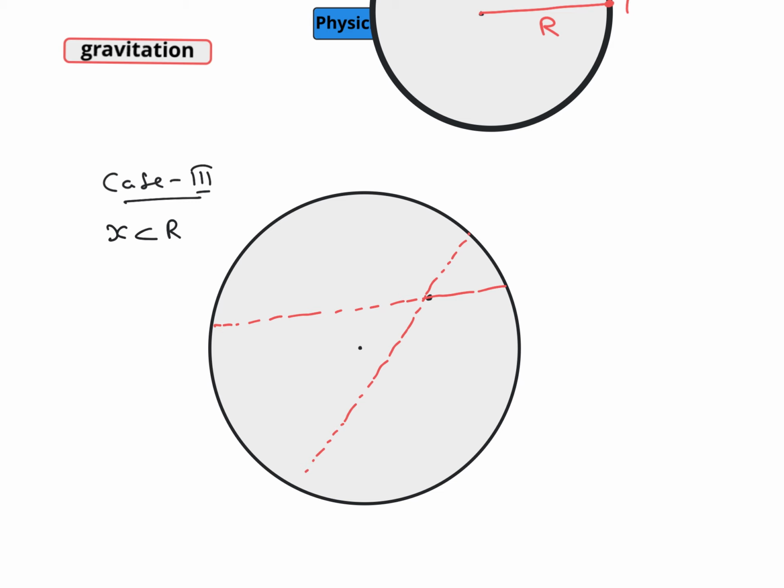So the gravitational field due to the mass on this side and the gravitational field due to the mass on this side will cancel each other, so that the net gravitational field at any point inside, including at the center, will be equal to 0. So we can say that if x is less than r, the value of g is equal to 0, or we can write the value of g inside will be equal to 0.